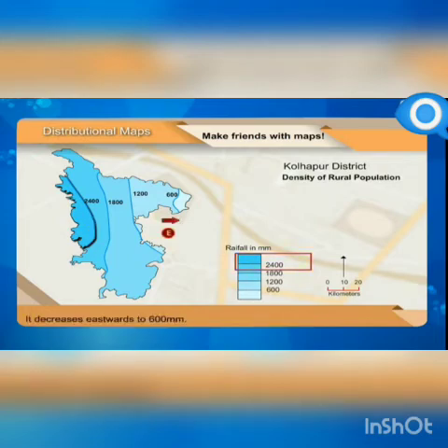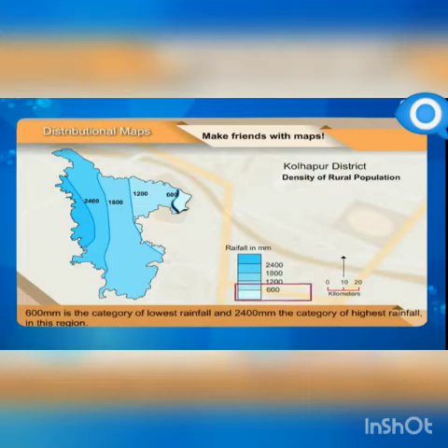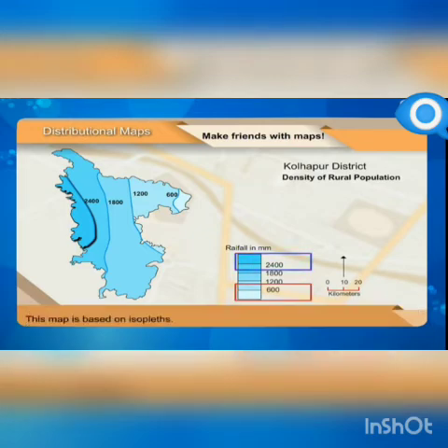It is decreasing toward the east, to 600 mm. The lines joining indicate they have the same rainfall. Highest is 2400 and lowest is 600 mm. In this category, we can segregate. This is based on the isopleth method because the lines are shown over here.